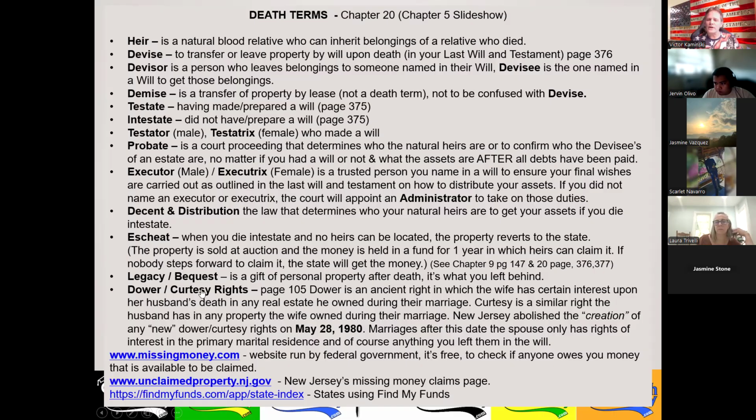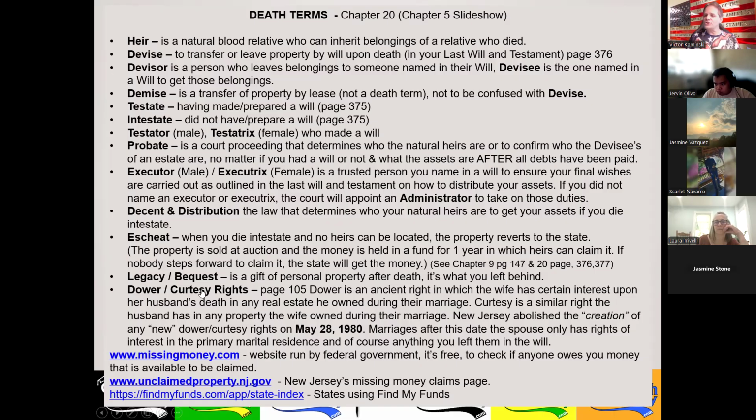All right, now dower and courtesy is specific to New Jersey. Dower and courtesy are ancient rights that deal with married couples, that upon their death, your spouse is entitled to whatever assets you have, or at least they have an interest in all of the assets that you had during your lifetime.